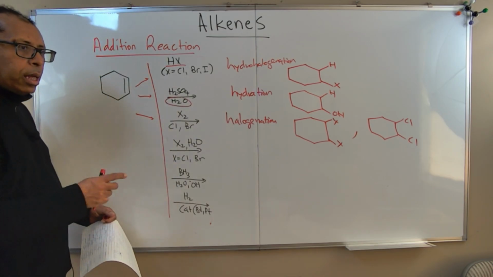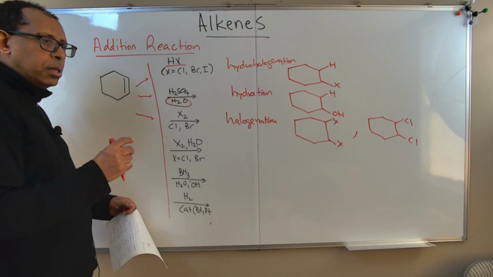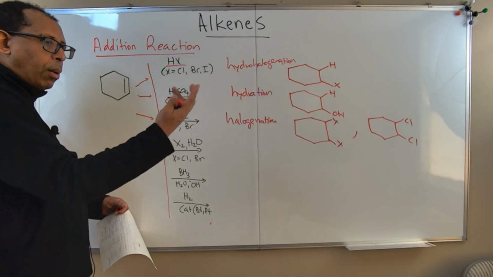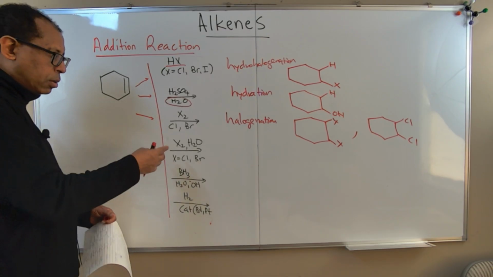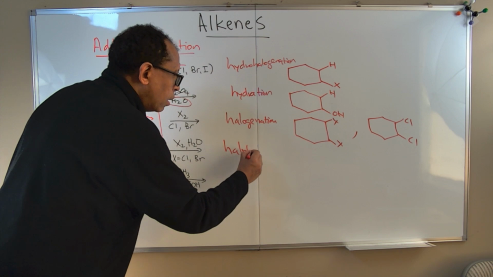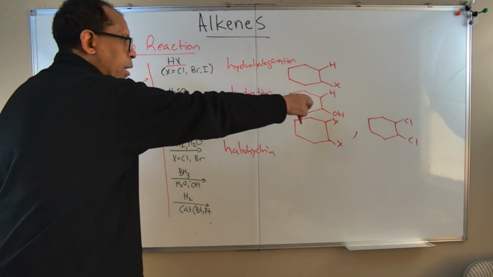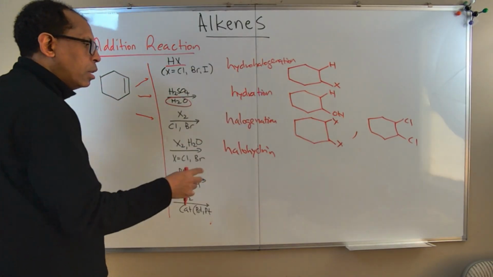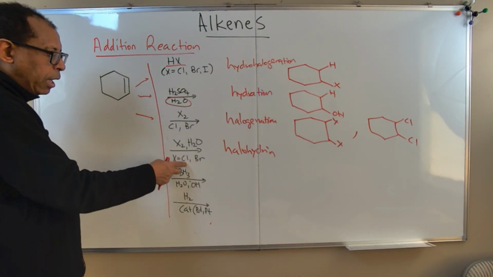This is called halohydrin formation. Halohydrin formation is the addition of one OH group and one halogen. So this is called halohydrin. In place of water, where it has H and one OH, here there is one OH and one of the atoms of the halide.